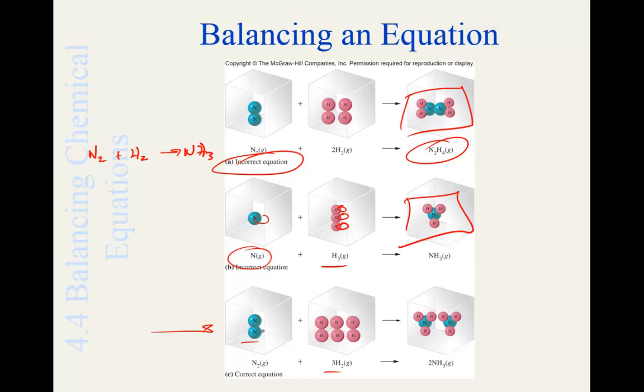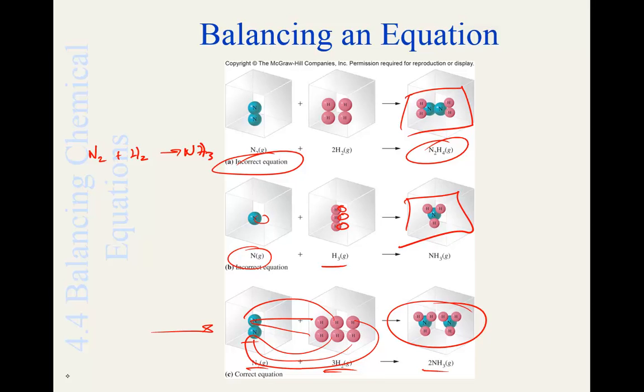And so 3 hydrogens are going to attach to this nitrogen, and then the other 3 hydrogens are going to attach to the other nitrogen, and we get 2 ammonias. So this one is correct. 1 mole of nitrogen, 3 moles of hydrogen yield 2 moles of ammonia. So I'd look over this slide. I think it shows you conceptually what's going on with the balanced chemical equation.